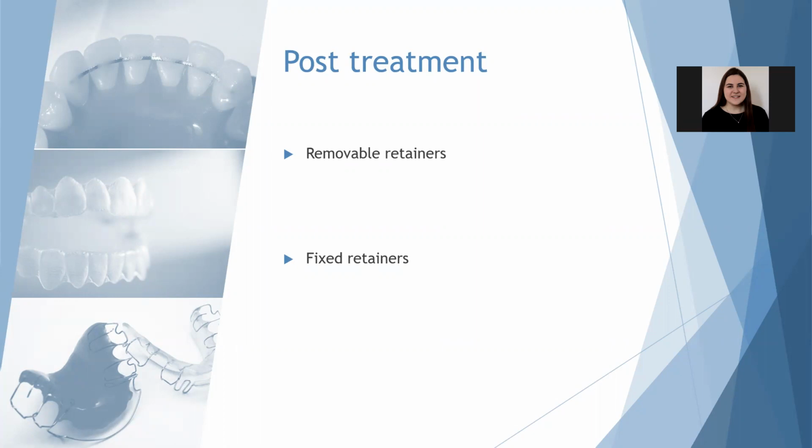And you can also have fixed retainers, which are the above picture. Now, the removable retainers are either made from plastic or they're made from wires, as I just mentioned. And they will be worn for different periods of time, depending on patient need to stabilize the teeth.